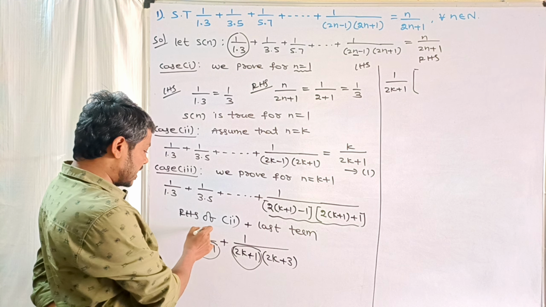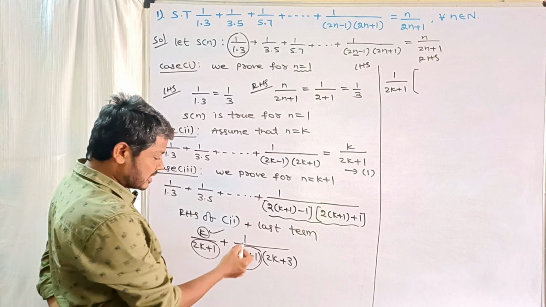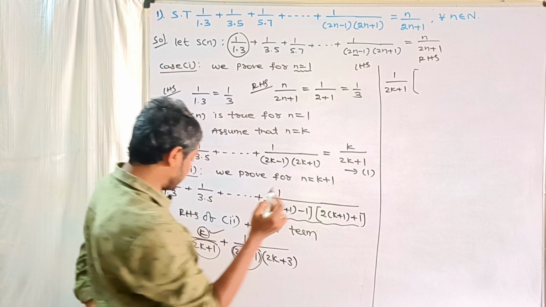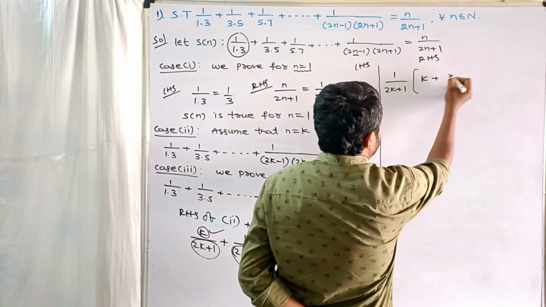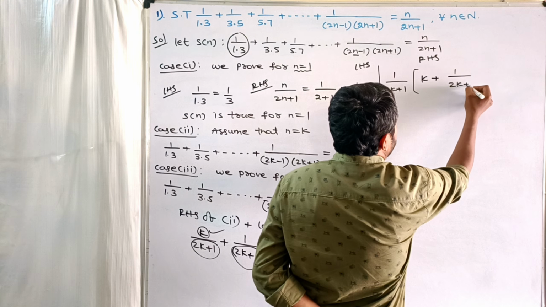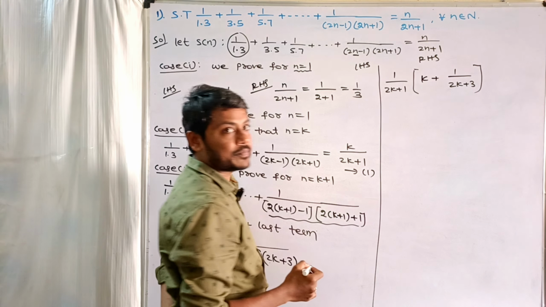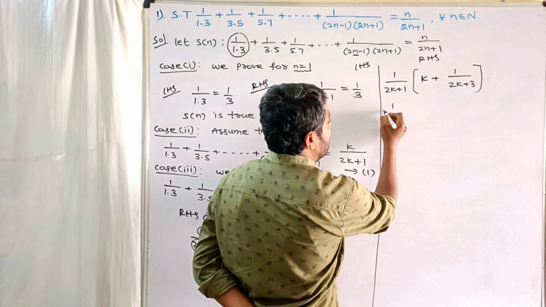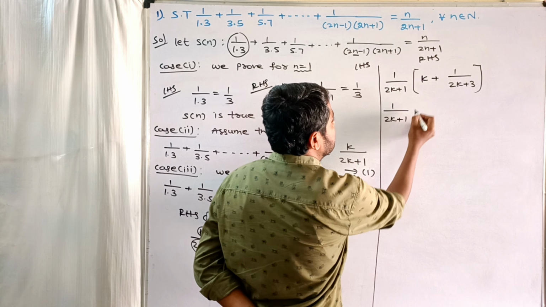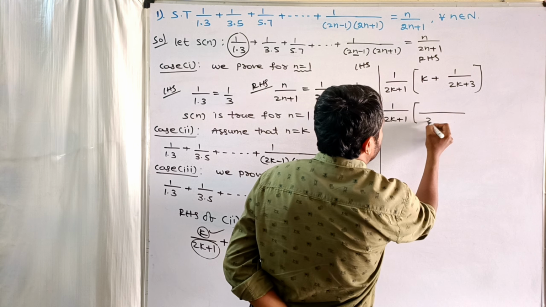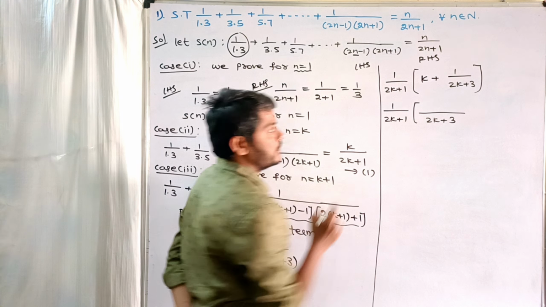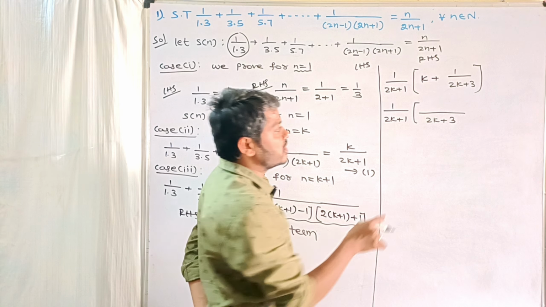In the first term, k is left. In the second term, 1 by 2k plus 3 is left. That is k plus 1 by 2k plus 3. Now which is 1 by 2k plus 1 into what is the LCM? 2k plus 3. So we can do cross multiplication.